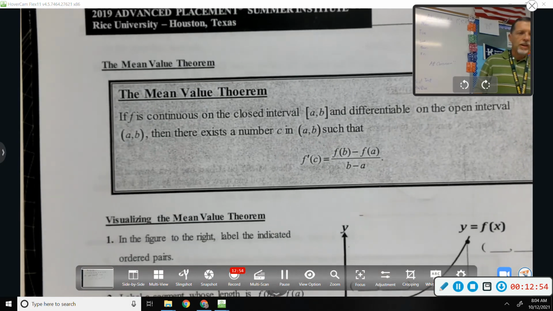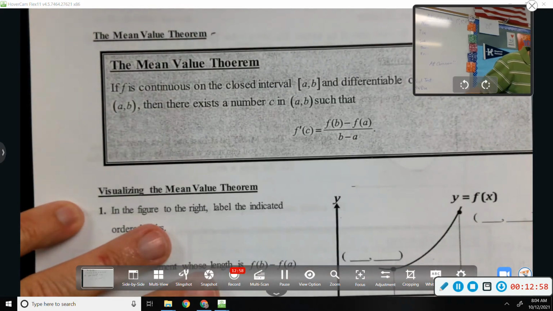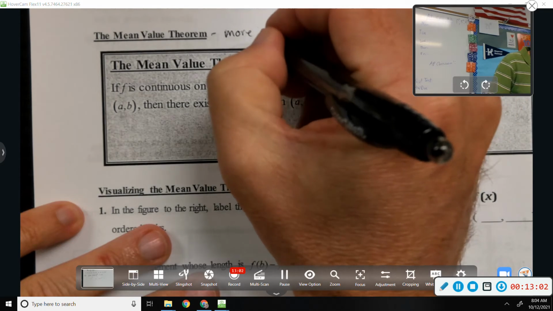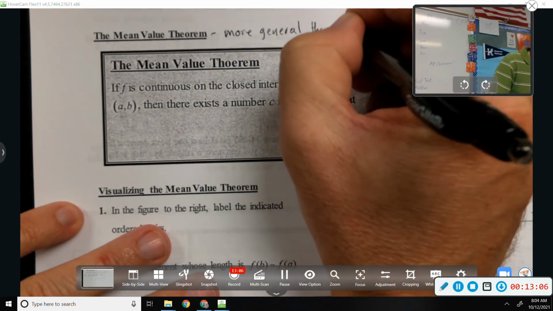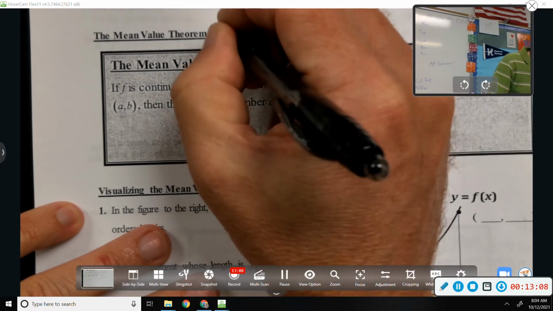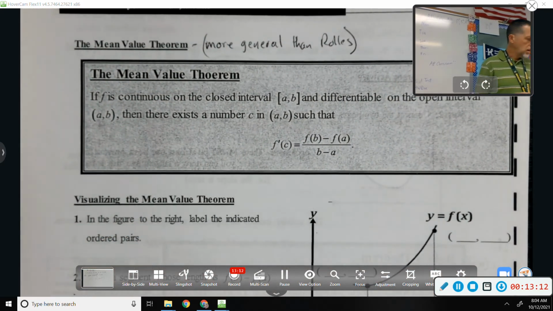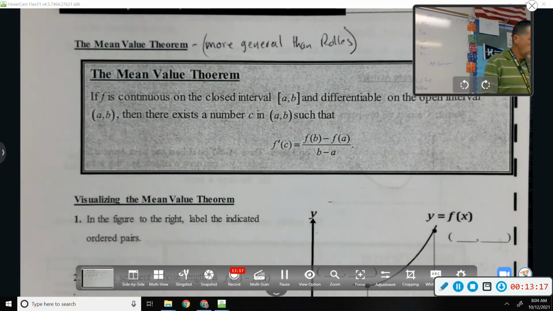Now for the mean value theorem. This is along the same lines, but it's more general than Rolle's. Rolle's is a special case of MVT. All right, mean value theorem.